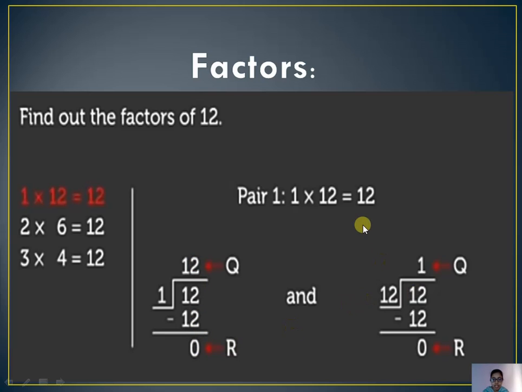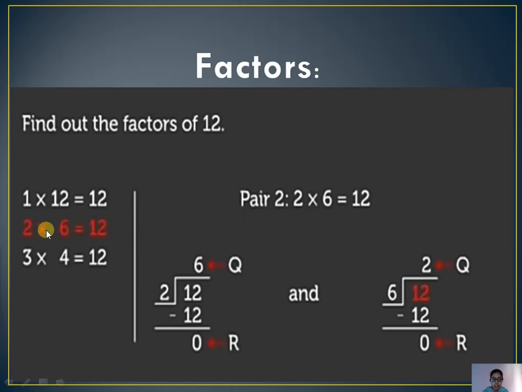Now if we divide 12 by the factor 12, we get quotient 1 and remainder 0. In both cases the remainder is 0. It means 12 is completely divisible by 1 and 12.